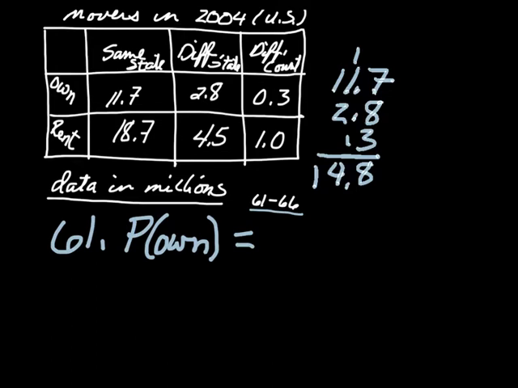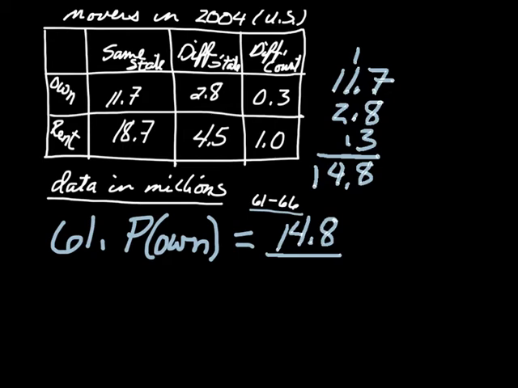So that's my total frequency. That's my numerator, or if you wish, the number in the set. So 14.8 million divided by, well, what would the total be? Well, it would be the total of all the movers. And the question is, if someone is a mover, what's the probability that they're a randomly selected American who moved?